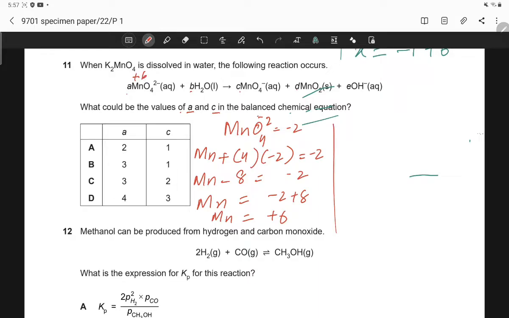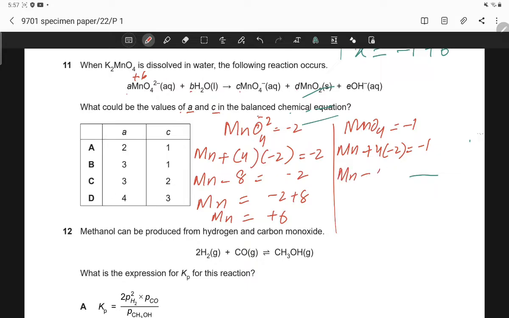Now MnO4 minus, this is equal to minus 1. Mn plus 4 times minus 2 is equal to minus 1.